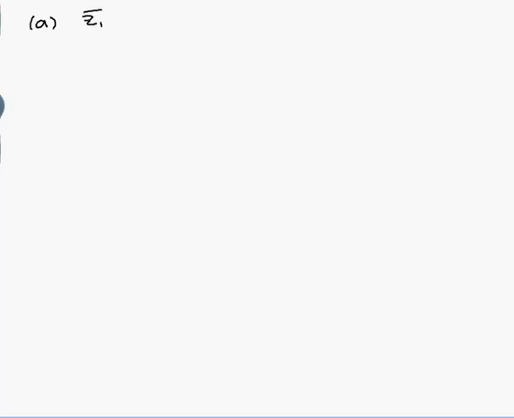z1 bar z2 minus 3 z2 squared bar. Alright, well, I'll just do each bit separately and see what happens. So let's see. z1 was equal to 2 minus 2i.